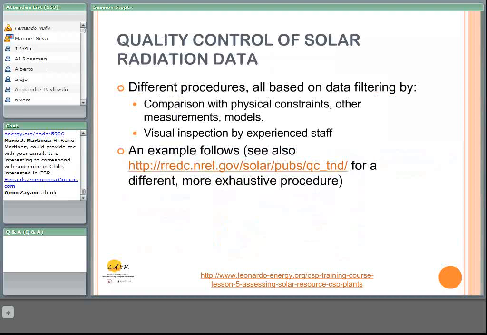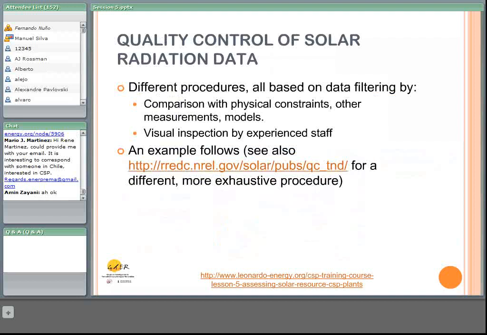An important test in this procedure is the visual inspection by experienced staff, because an experienced scientist or engineer can identify different problems with the measurement equipment just by having a look at the curves of the different components of the solar radiation.